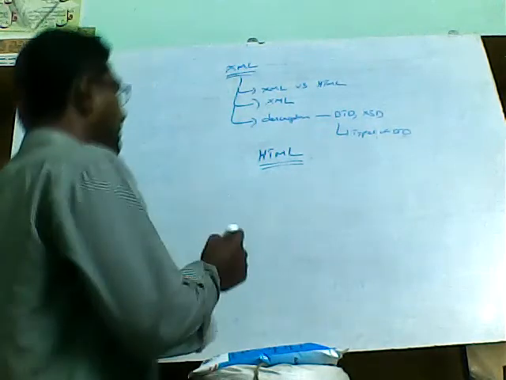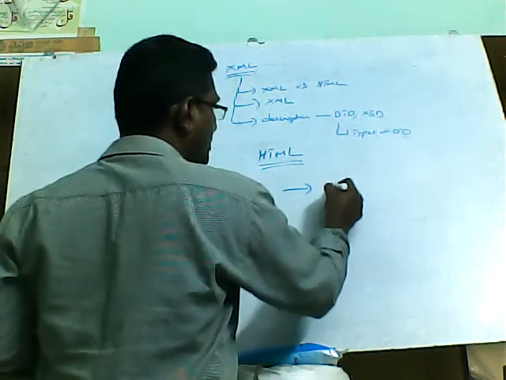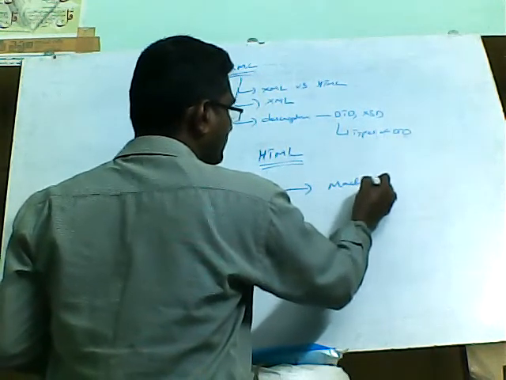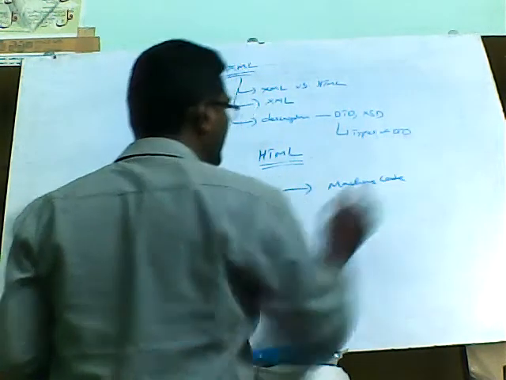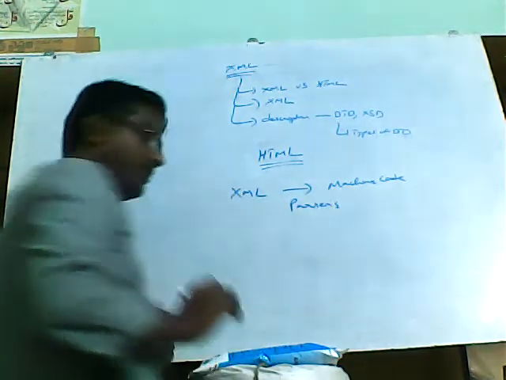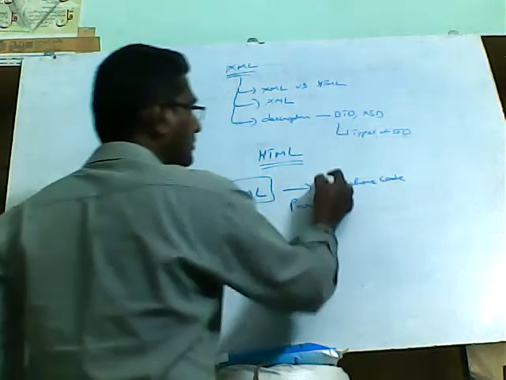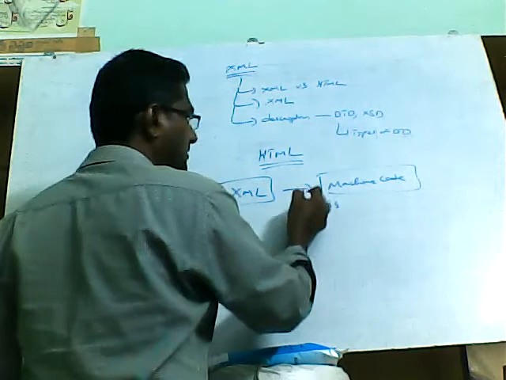In order to convert the XML document to machine code, we will use parsers.